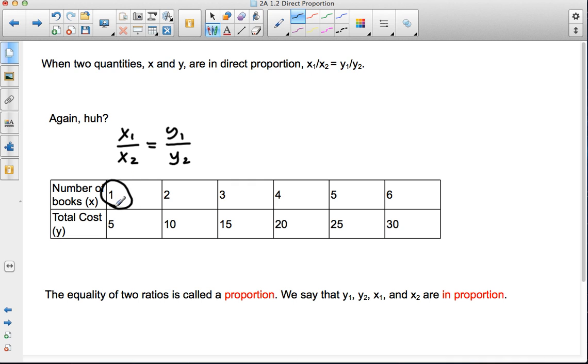So if this is x sub 1 and this is x sub 2, then we have 1 over 2 corresponds to y sub 1 and y sub 2: 5 divided by 10. Is 1/2 equal to 5/10? Yeah, that's true.